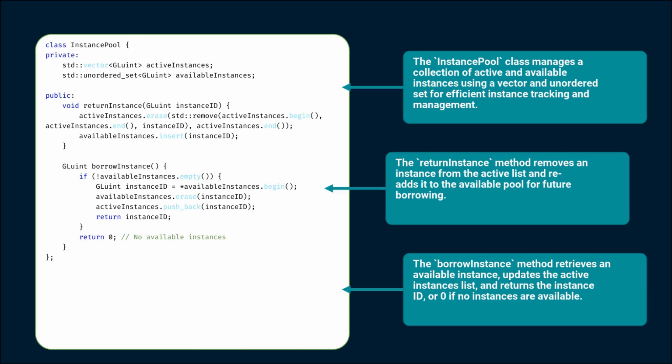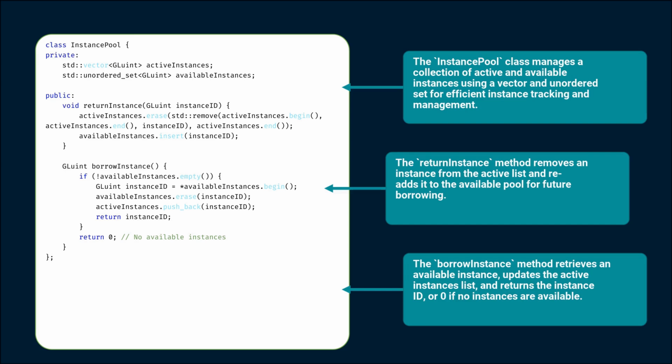So, within this class, we use two main collections: active instances, which tracks currently active instances, and available instances, a set that stores instances that can be reused. The return instance method allows you to deactivate an instance by not just removing it from the active list, but also adding it back to the available pool. This operation helps in conserving memory by preventing unnecessary allocations.